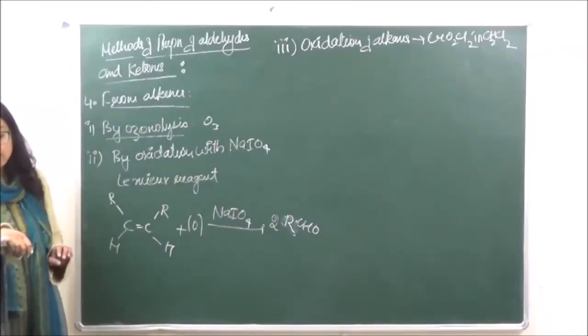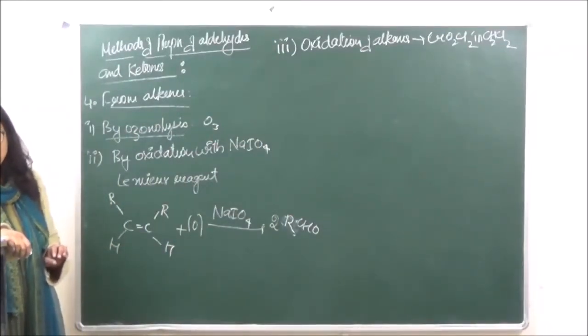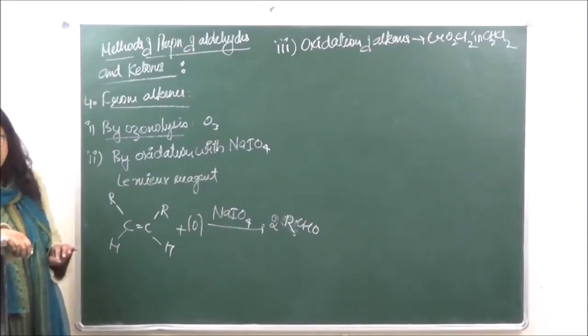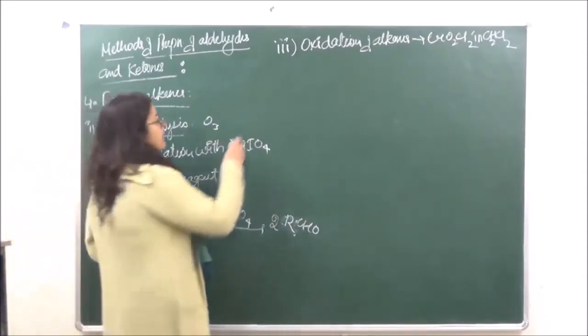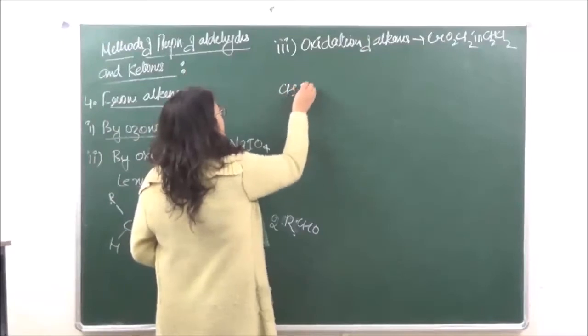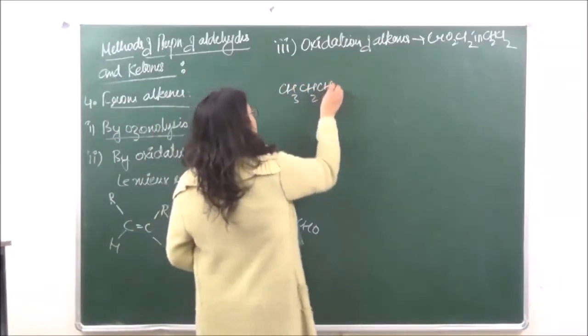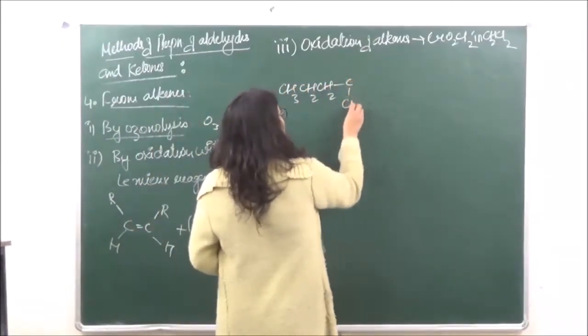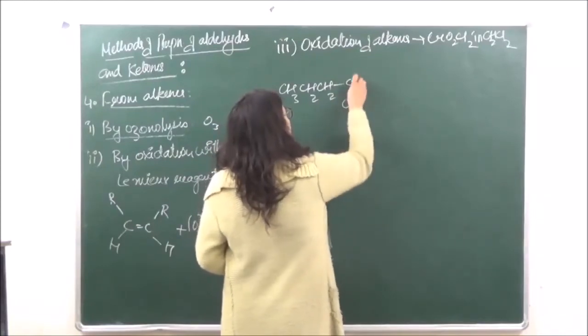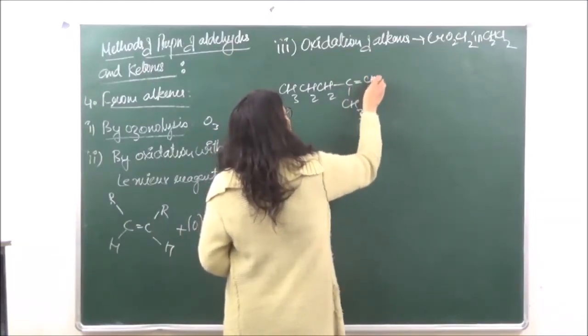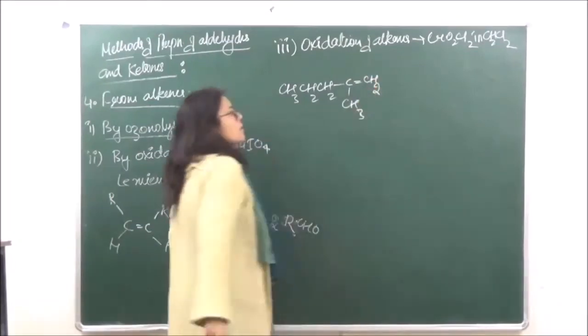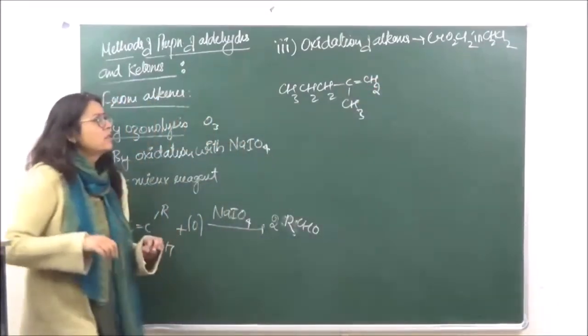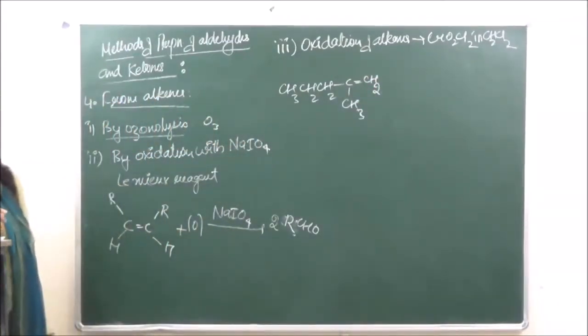Okay? So if we react any compound with a double bond, that is going to be converted into its respective aldehyde. For example, if we have this alkene, this is 2-methyl pentene. Okay, so we are taking 2-methyl pentene.